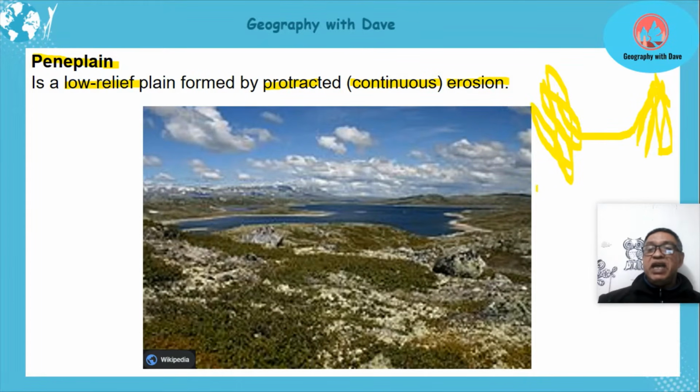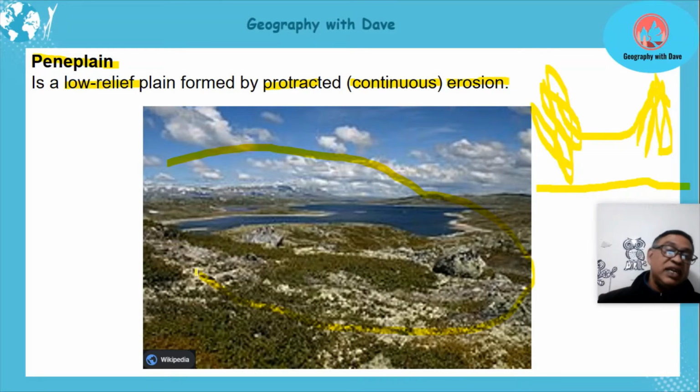And what's happening now? This low-lying area is getting bigger until it becomes a low relief and continuous flat area as shown in this. Can you see it? Large area, a peneplain.